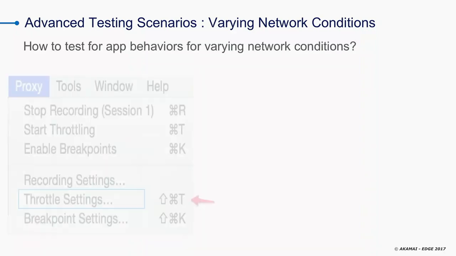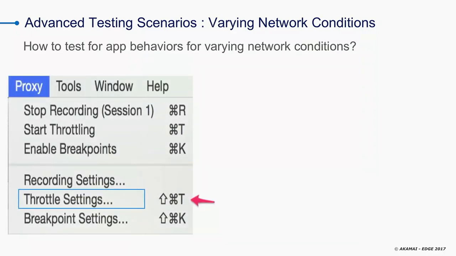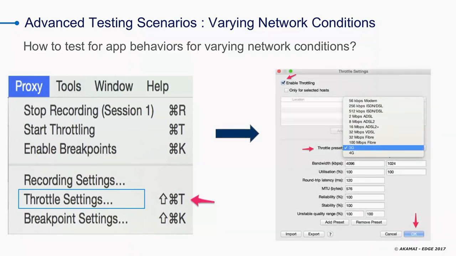This is where the throttling tool in Charles comes into the picture. We have multiple presets in Charles. You can use 3G, 4G, 2G, and in fact Wi-Fi. Once you save this, your mobile app will behave as though it is under this particular 3G or 2G preset. In that case, you can exactly test how the app performs with those network conditions.